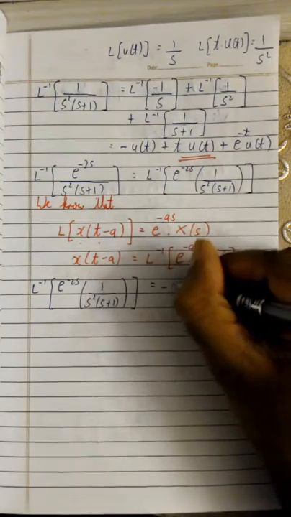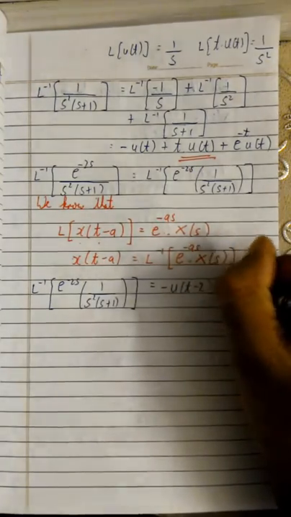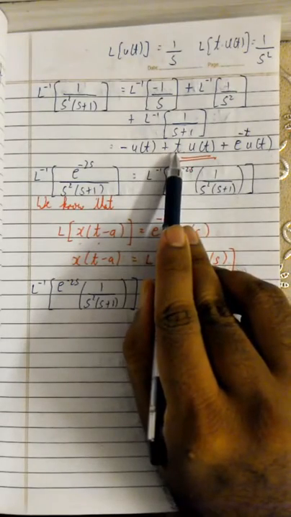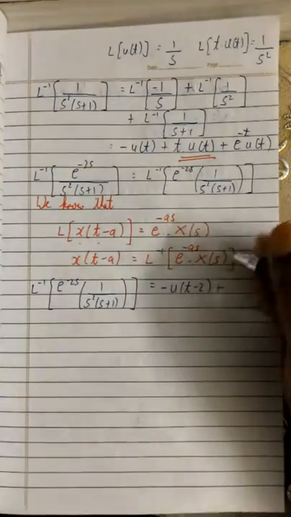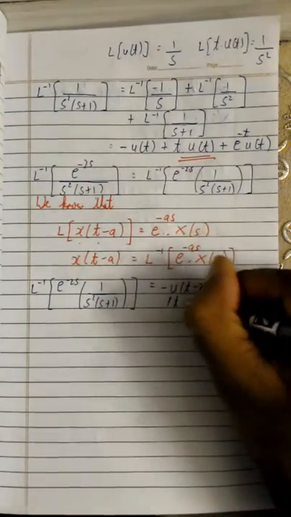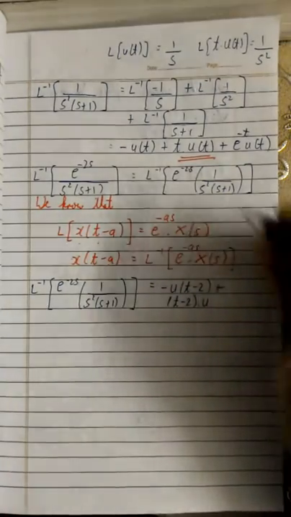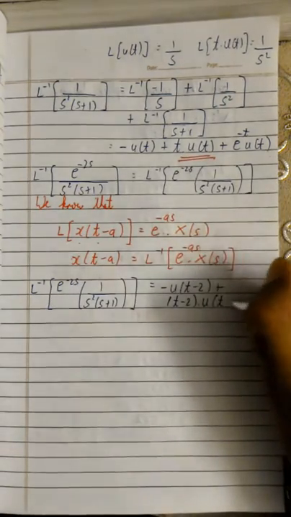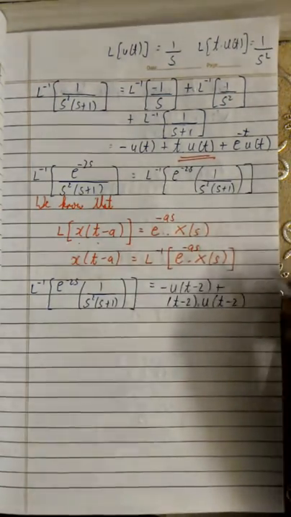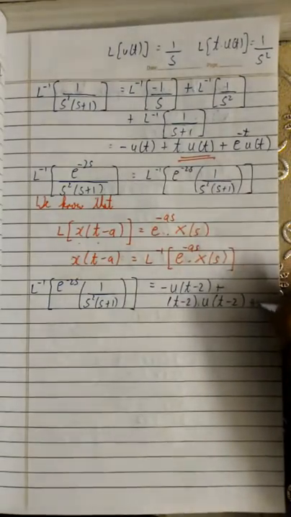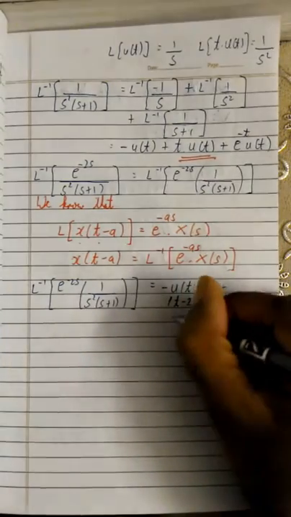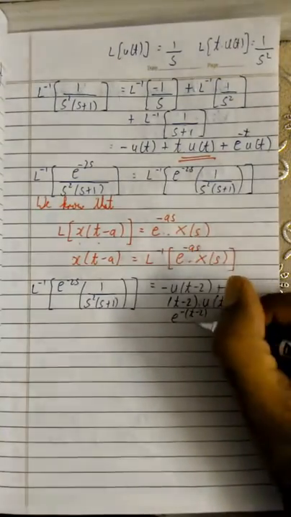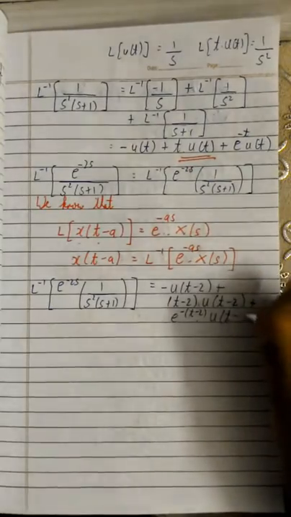So it becomes minus u of t minus 2, plus t minus 2 into u of t minus 2. Wherever you see t, replace it with t minus 2. That is called the time shifting theorem. Plus here also e raised to minus t, so it will become e raised to minus of t minus 2 into u of t minus 2.